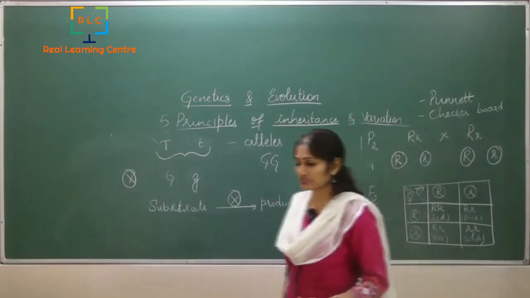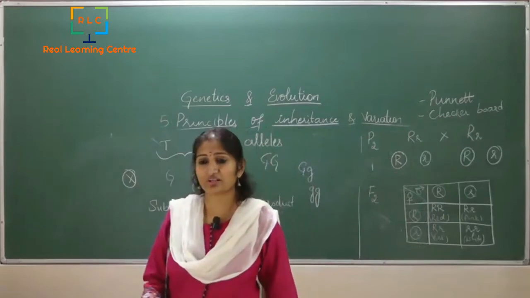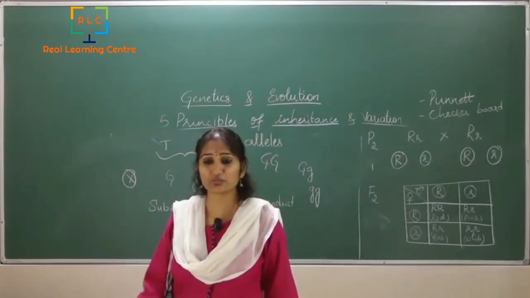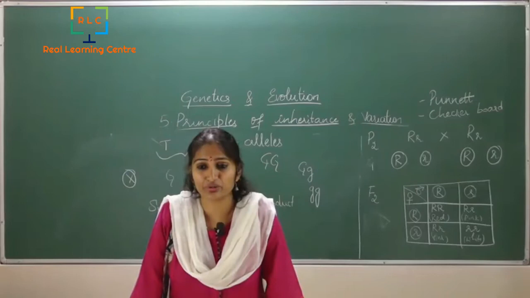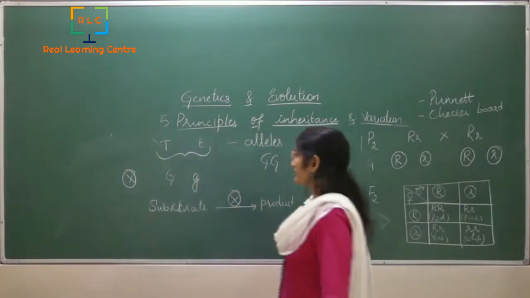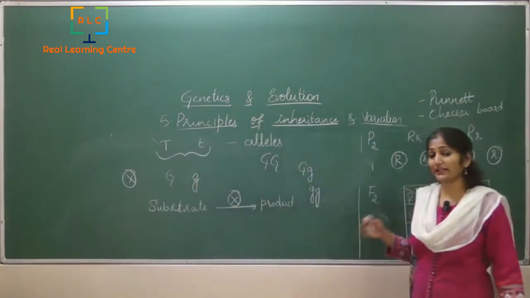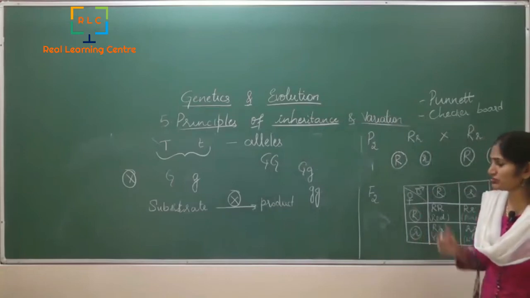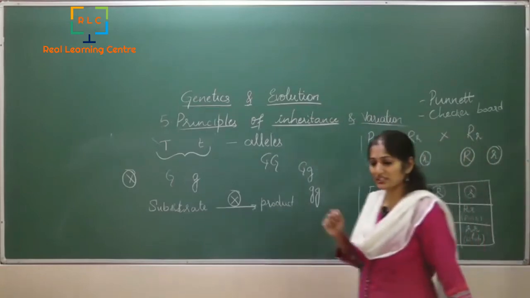And when the enzyme activity changes, certain reactive oxygen species increase in the body, and that might lead to the death of the organism in total. So what allele we have and how that allele gets expressed is very important to study and understand.